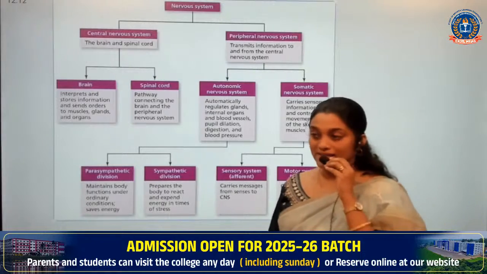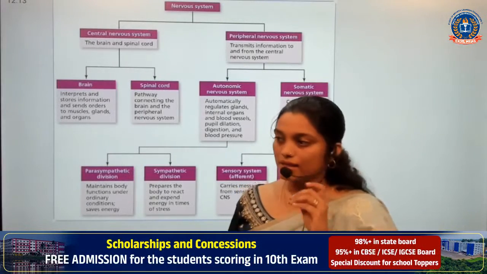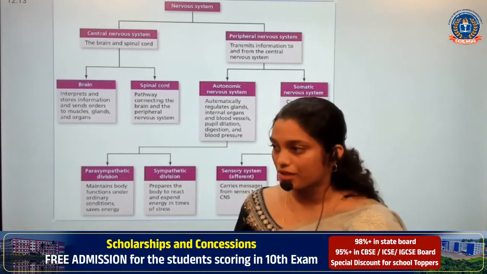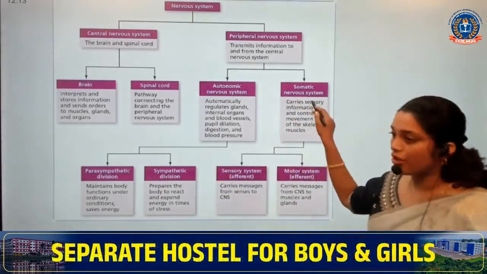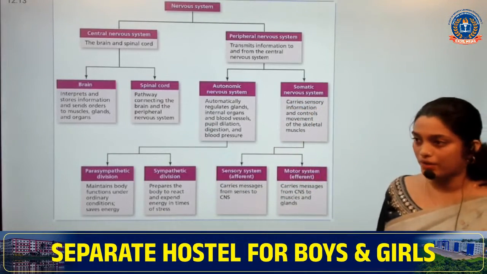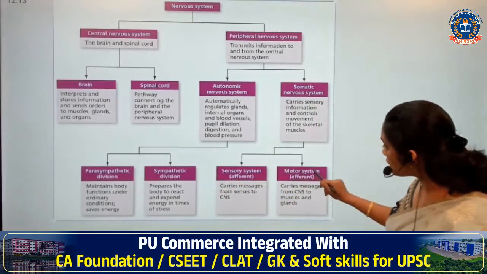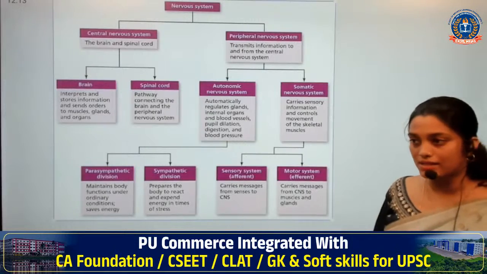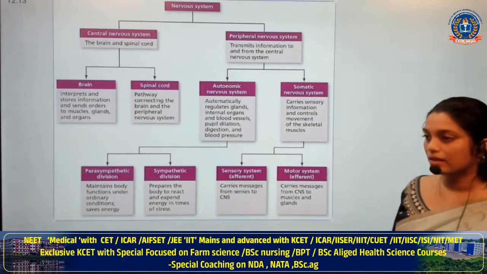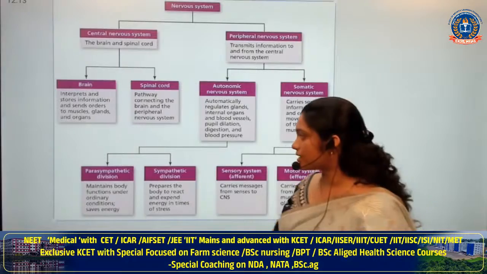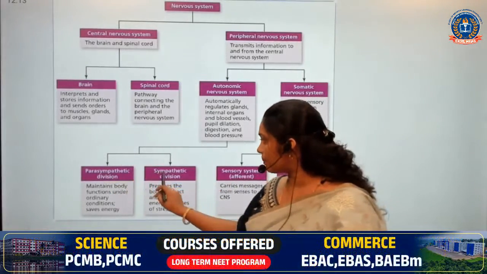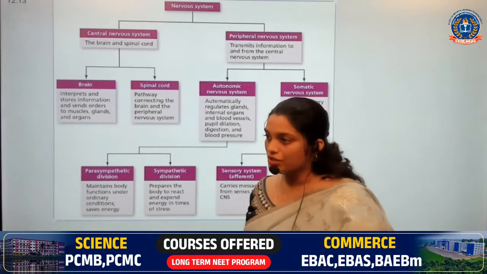So we saw that the sympathetic nervous system works in stressful situations. There's one more classification, of the somatic nervous system: it's divided into the sensory nervous system as well as the motor nervous system.